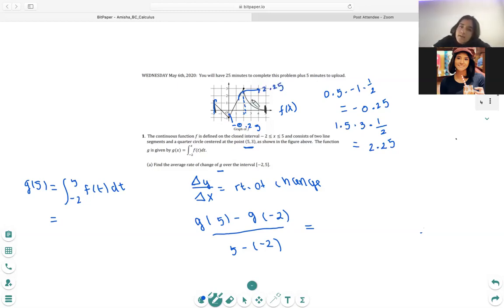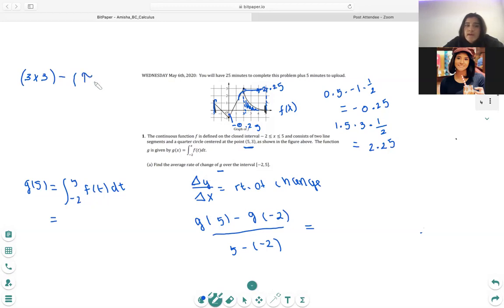All right, and here we see a quarter circle. So what we're looking for is the area over here, right, from 2 to 5. So we have to look at this square area and then subtract the area of the quarter circle. So let's do 3 times 3, the area of s squared, minus pi r squared divided by 4 for the area of the quarter circle.